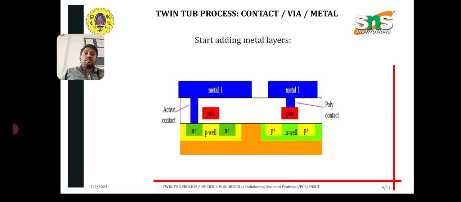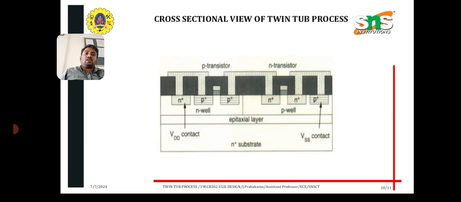contact via metal. In the twin tub process, contact vias and metal layers play critical roles in completing the fabrication of the integrated circuit by enabling electrical connections between various components and ensuring proper functionality of the designed circuitry. And the final one is the cross-sectional view. A cross-sectional view of the twin tub process in semiconductor manufacturing typically shows the layered structure and the different regions formed within the substrate.